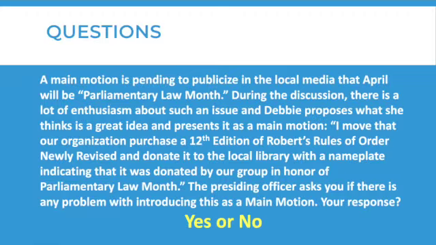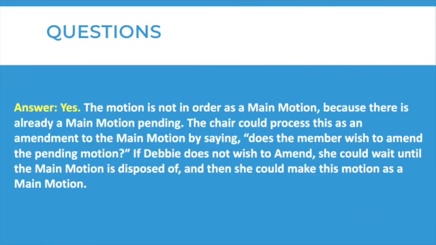So make sure you look at the whole scenario. There's a main motion pending, but during the discussion, Debbie presents another idea as a main motion. So what would your response be? The answer is yes.